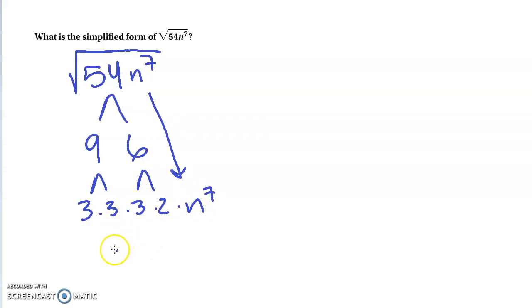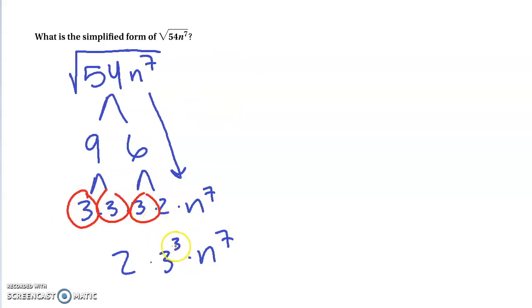When I combine all of these, I end up getting 2 times 3 cubed times n to the power of 7. I have 3 threes, and I have 7 n's.